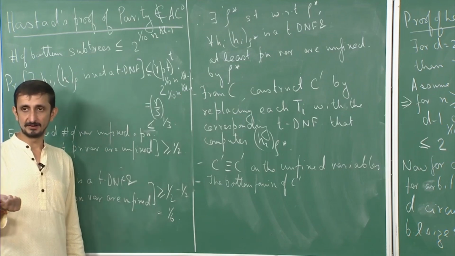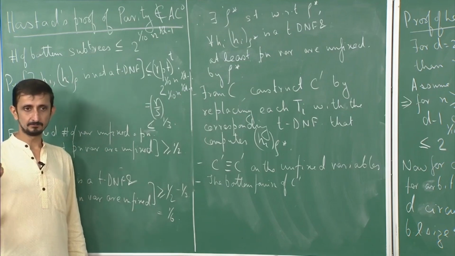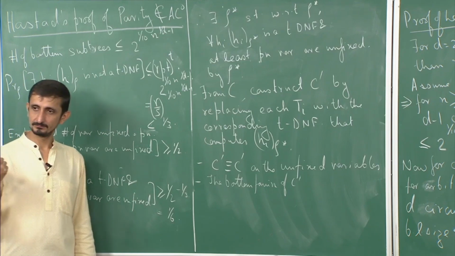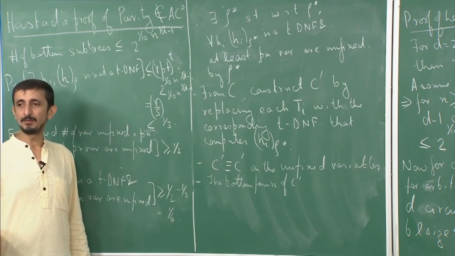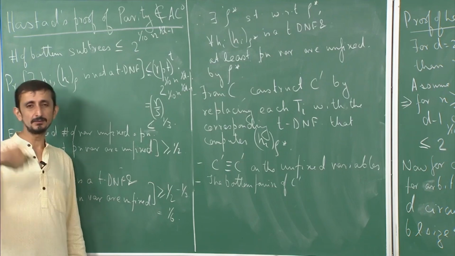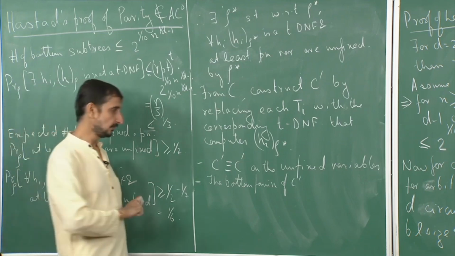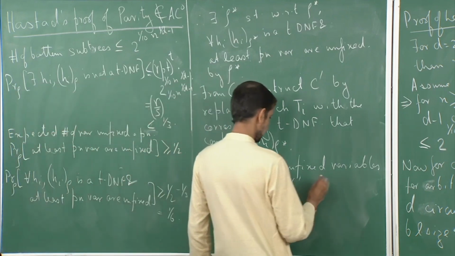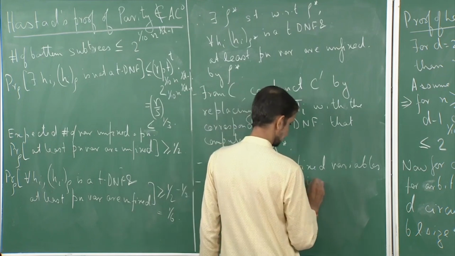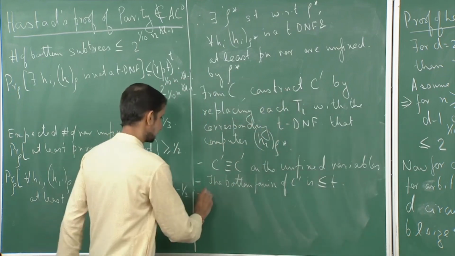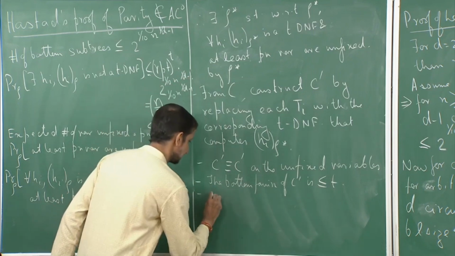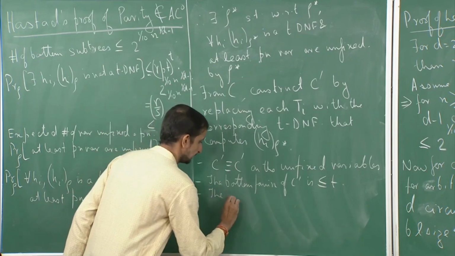So, what will be the bottom fan-in? It is still bounded by T, right, because from a T CNF I have just changed it to a T DNF. So, the bottom fan-in remains the same, at most T.